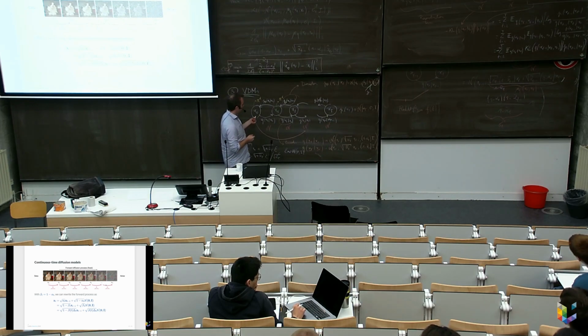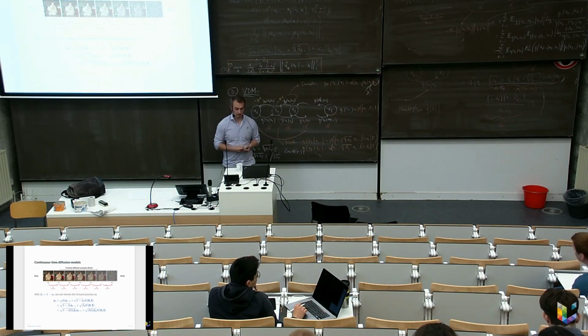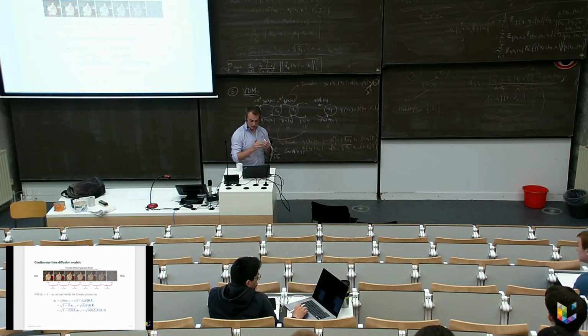But what if we were stacking infinitely many of those levels? Could we take the limit of considering a continuum of latent variables? The answer is yes, you can. You can have infinitely many intermediate levels, such that you consider continuous transitions between the levels.